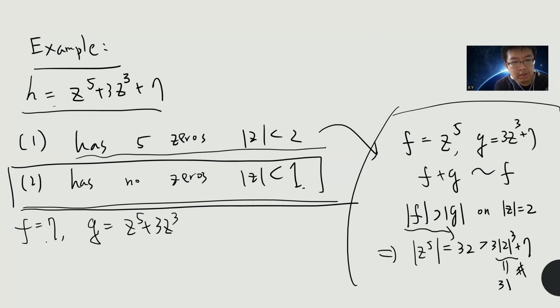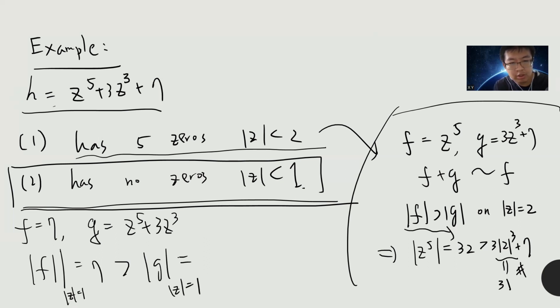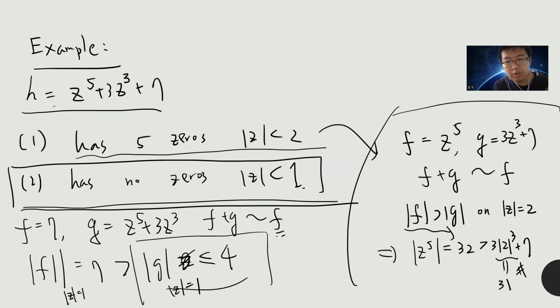So obviously |f| on |z| equals 1 is always 7, exactly greater than |g| on |z| equals 1, which is less than or equal to 4, because 1 plus 3. Okay, so 7 is greater than 4, so f plus g has the same zeros as f, but f is 7, and 7 has no roots. So this is simple.